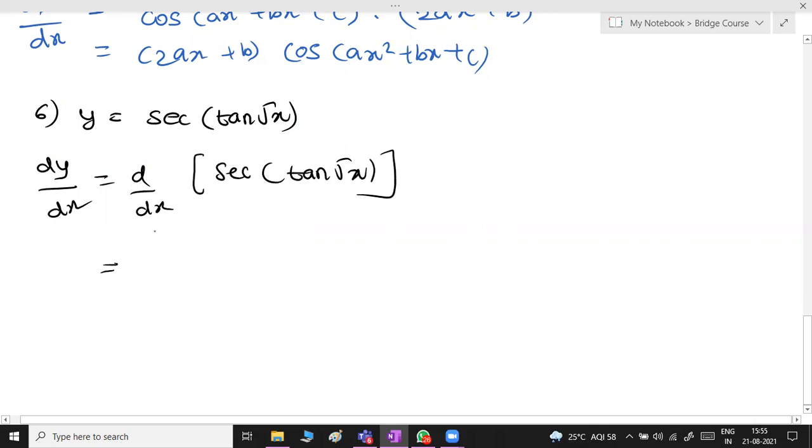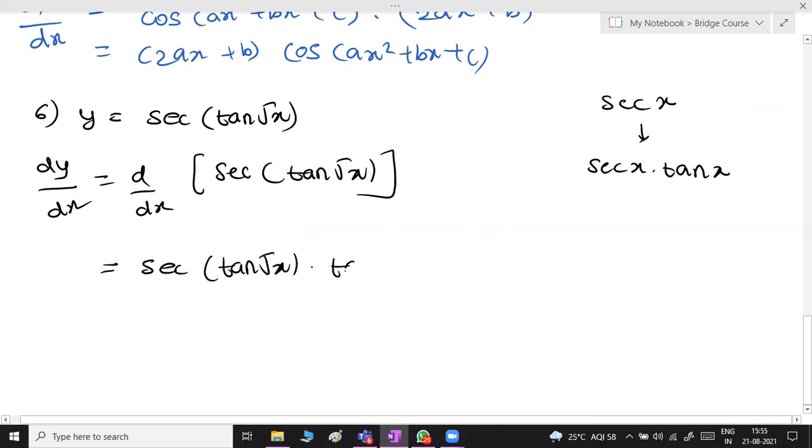So here it's going to be, first of all, go step by step. Differentiation of sec x. Sec x का differentiation is nothing but sec x into tan x. x के बदले मुझे दिया है tan root x. So here it is going to be sec tan root x into tan of tan root x. ठीक है.